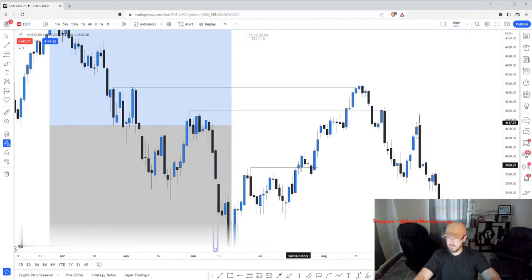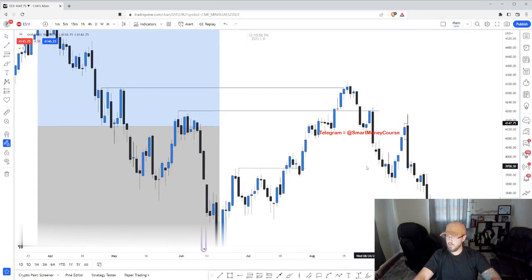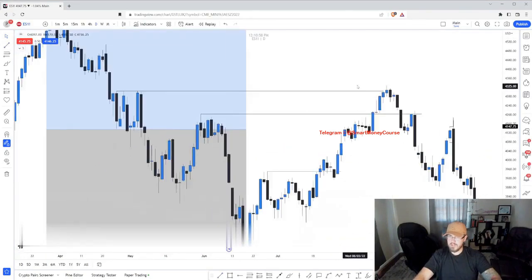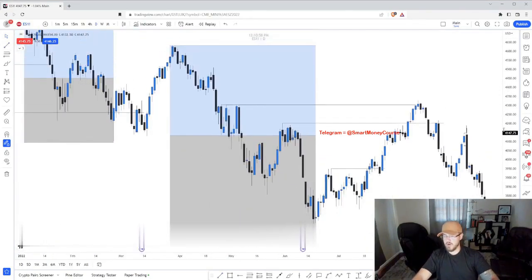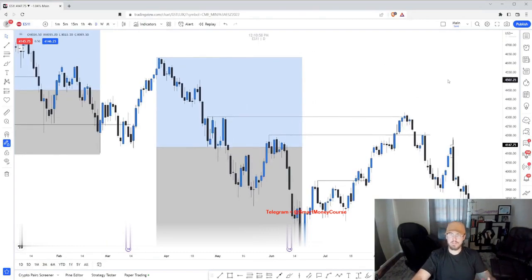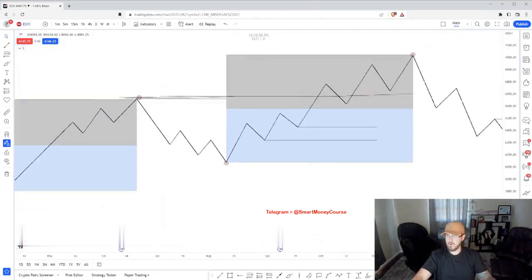I know we've talked mainly about external structure, but really everything I've gone over about internal structure is what's important. Internal structure tells you what the behavior of the market is relative to the external structure.